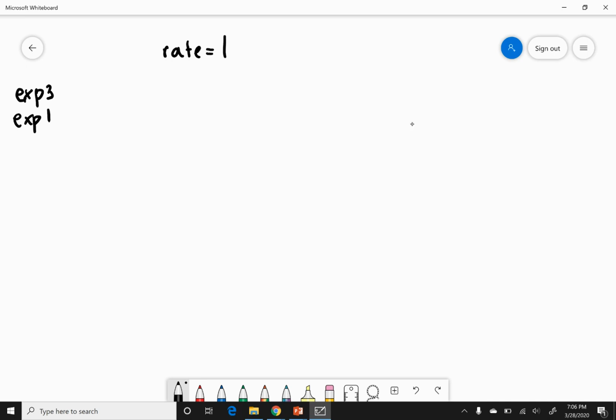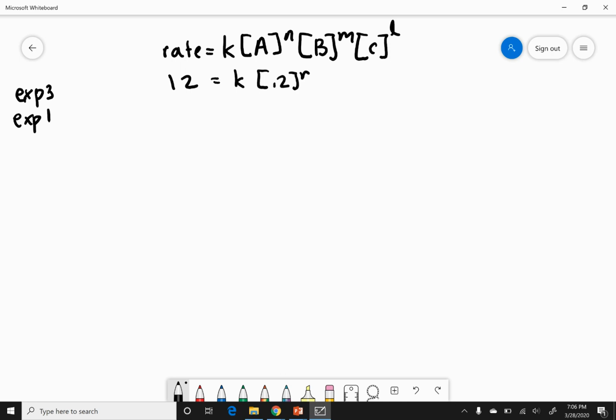So the rate equals k, A to the nth power, B to the mth power, and C is raised to the Lth power. So let's take a look at this. The rate is 12 equals k, and then my concentrations are going to be 0.2 raised to the n, 0.1 raised to the mth power, and then 0.1 raised to the Lth power.